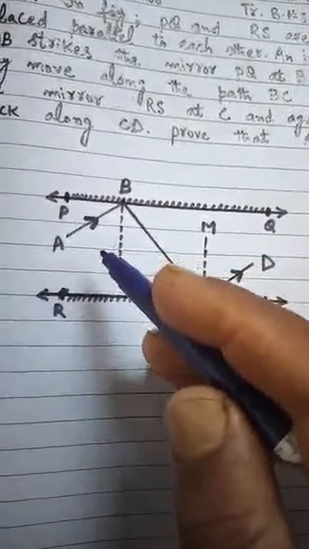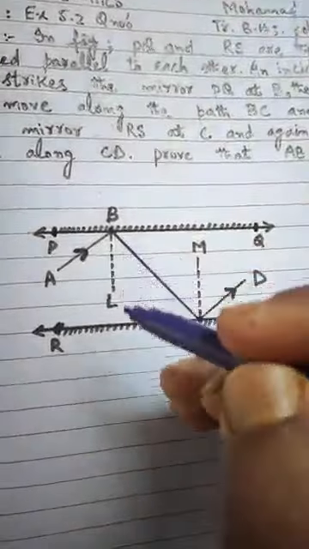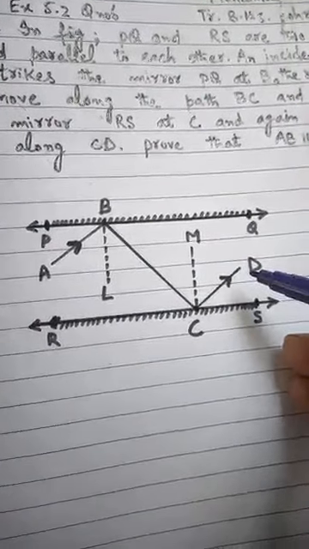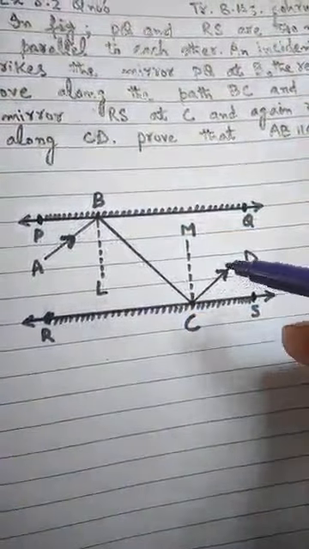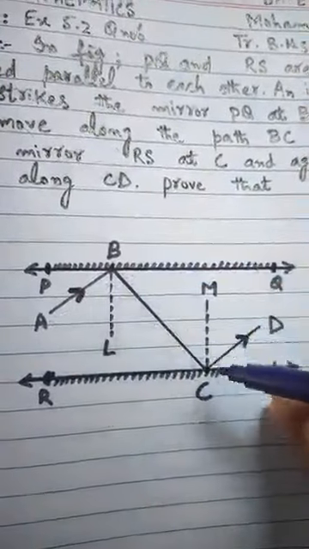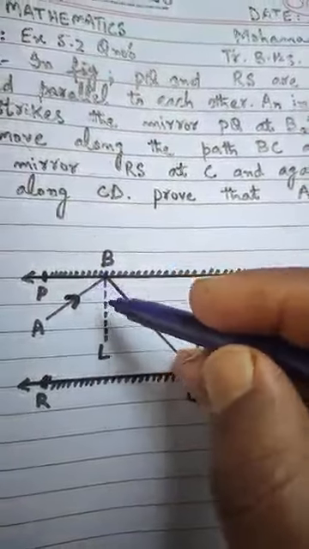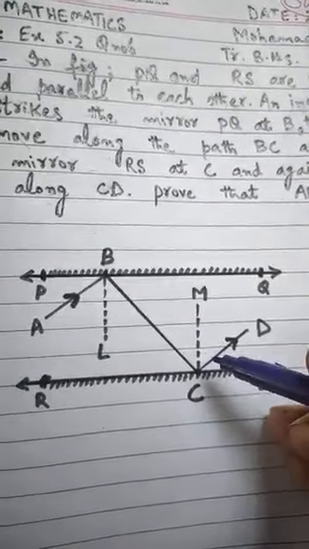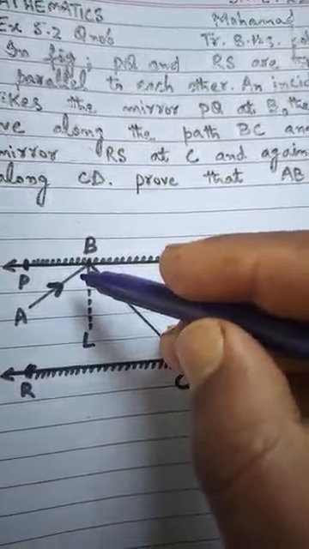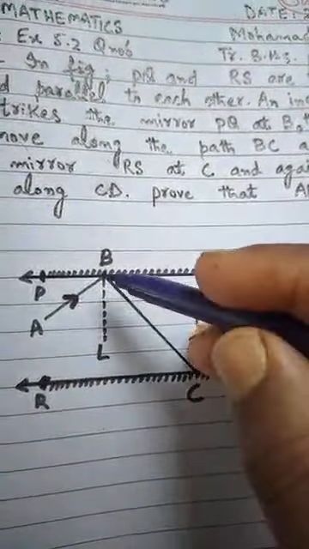See, we must look at it carefully. How can we prove that AB and CD are parallel? If we somehow prove that angle ABC is equal to angle BCD, this angle is equal to this angle, then definitely these will be our alternate interior angles, because this line is a transversal.